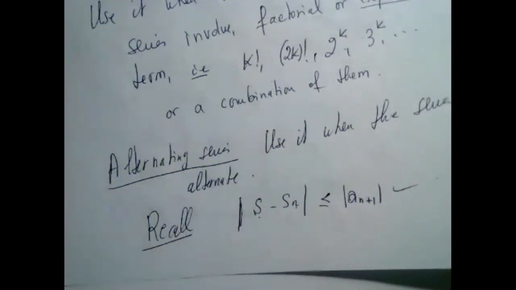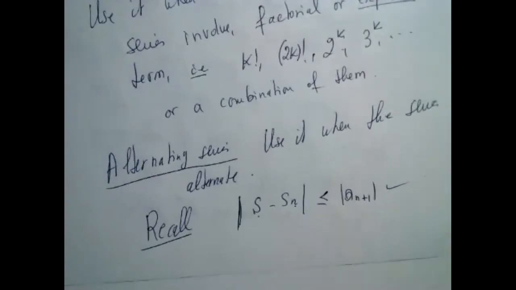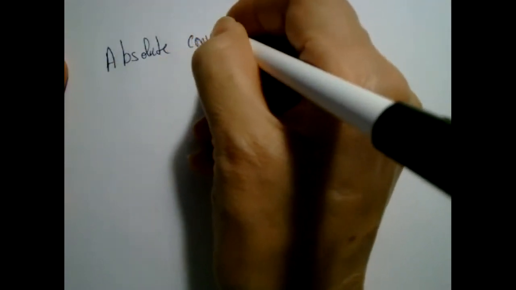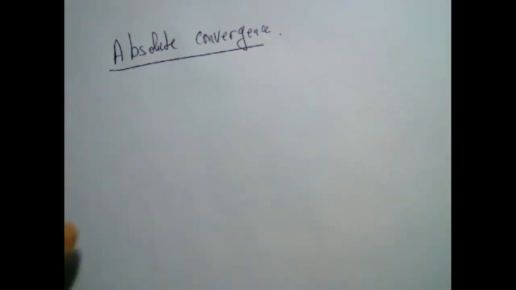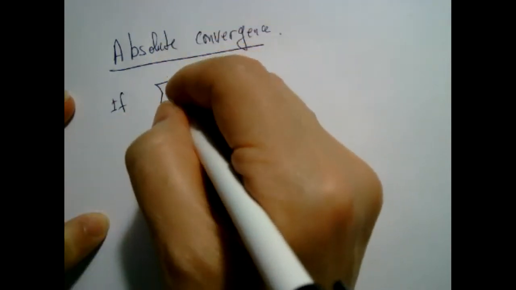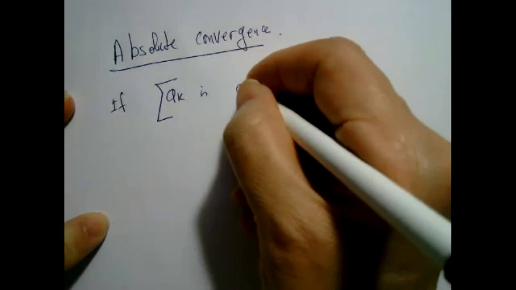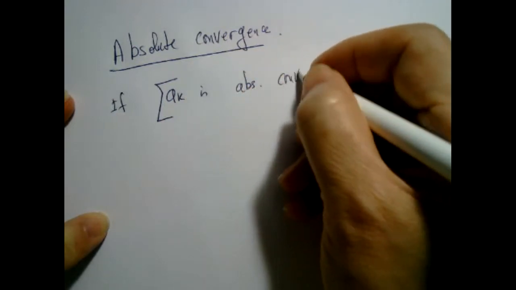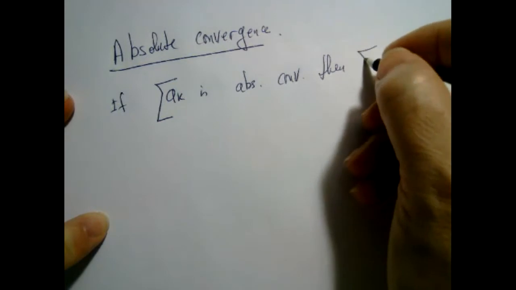And then the other concept we studied was the idea of absolute convergence. So I will mention that. This tells me the following. If a series is absolutely convergent, then the series converges.